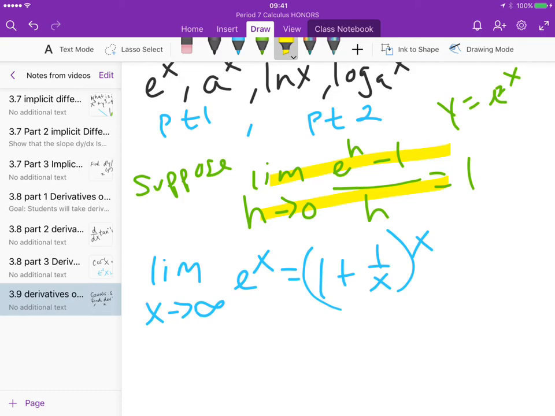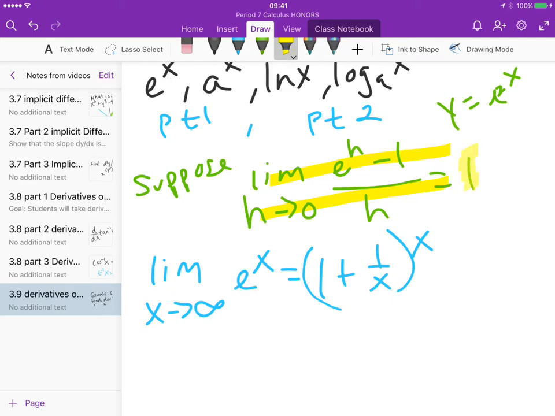The limit of this function does, in fact, equal 1. Why is this important? To you at the moment, not a whole lot. But because this limit equals 1, it creates a very interesting relationship between the function e to the x and its derivative.